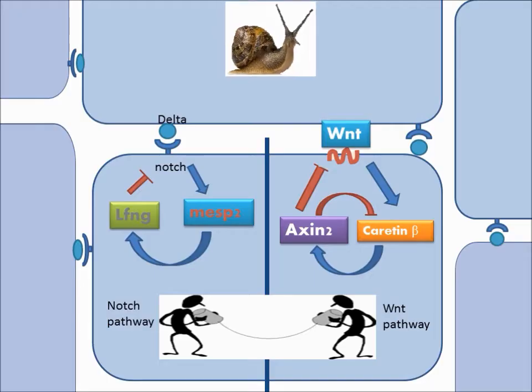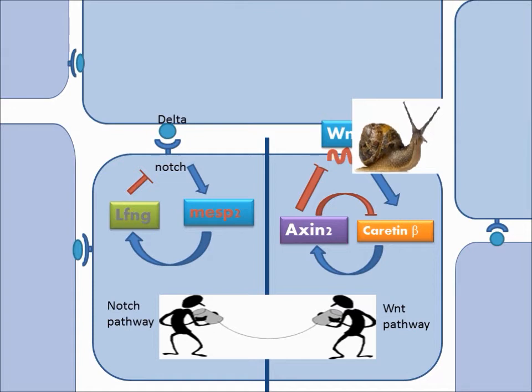So firstly, we achieved the goal, which was to ask whether or not SNAIL acts as a point of crosstalk between these two pathways, and we find that it does. In the mouse mutants that lack components of the Notch pathway, expression of SNAIL is not affected, whereas in the transgenic lines lacking components of the Wnt pathway, we do see a complete abolition of the expression.